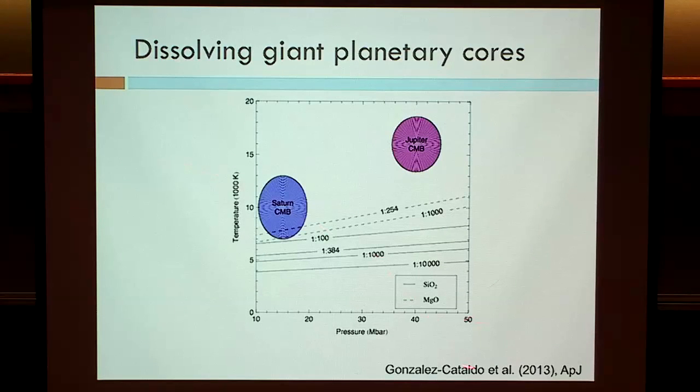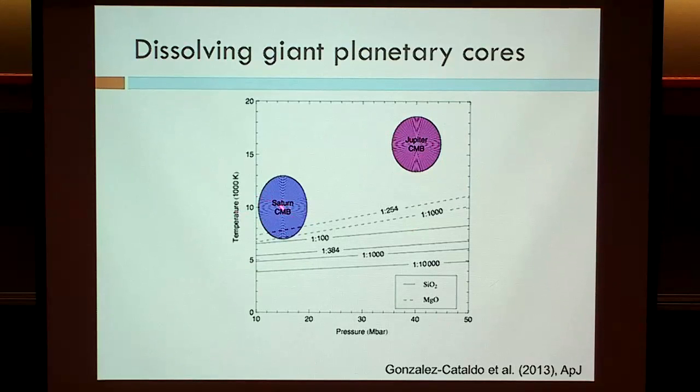These are calculations from Burkhard Militzer and others. What he's done is he's estimated how much silica, as sort of a model of rock, can you dissolve in hydrogen? This is temperature versus pressure. Here's the core-mantle boundary in Jupiter, the core-mantle boundary in Saturn.